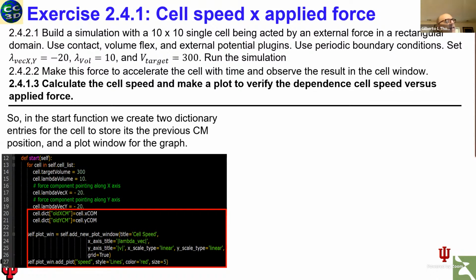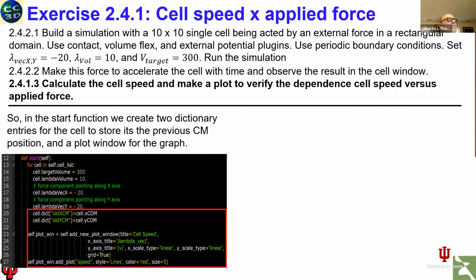Then I also create this plot window that we learned yesterday. I go to Edit, and from the CC3D Python tab, scientific plots option, you put the setup plot window and give it the names you want, configuring it the way you want.